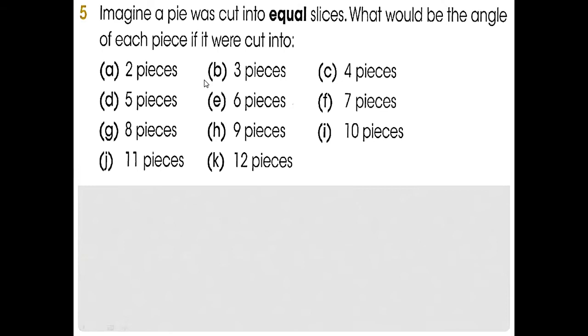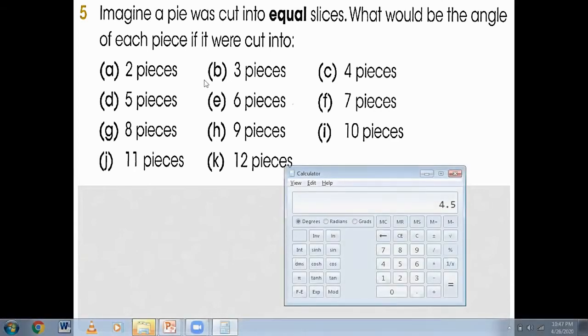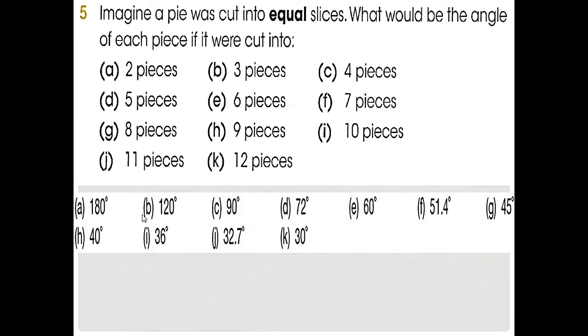If you divide into three pieces, 360 divided by 3 is equal to 120. As it is the same, 360 divided by 4 is 90. So let's check whether we are wrong or right. 120, 90, as it is the same.